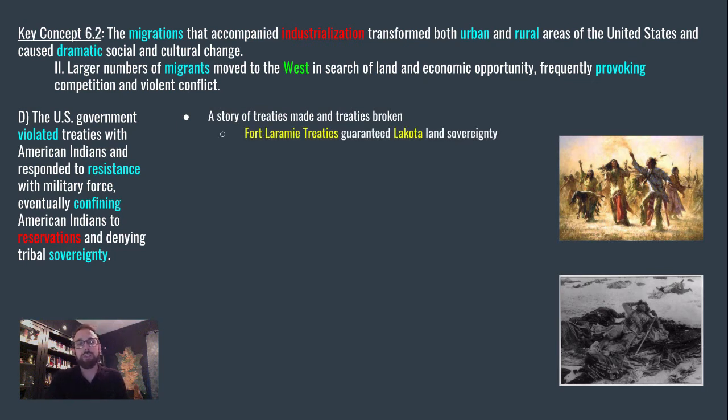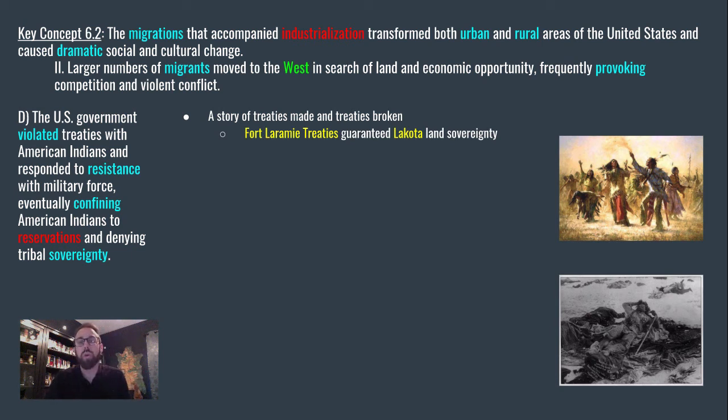Okay, some of the major ones that you should probably know are the Fort Laramie treaties. These were made with the Lakota Sioux. One of the major ones made with the Lakota had to do with allowing the Transcontinental Railroad to pass through land that they had previously made a treaty about that they had sovereignty over. So I think the first Treaty of Fort Laramie guaranteed their territorial sovereignty in what's North Dakota, South Dakota today.